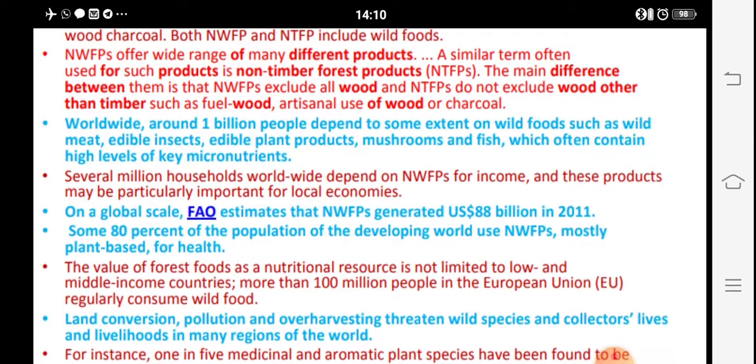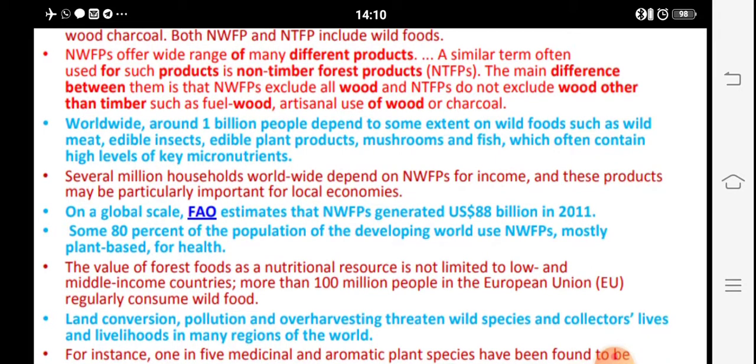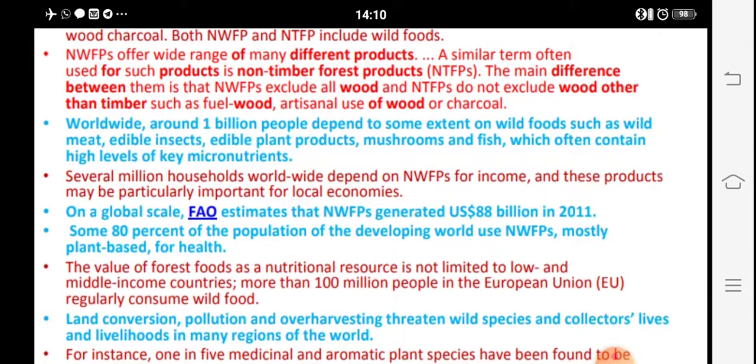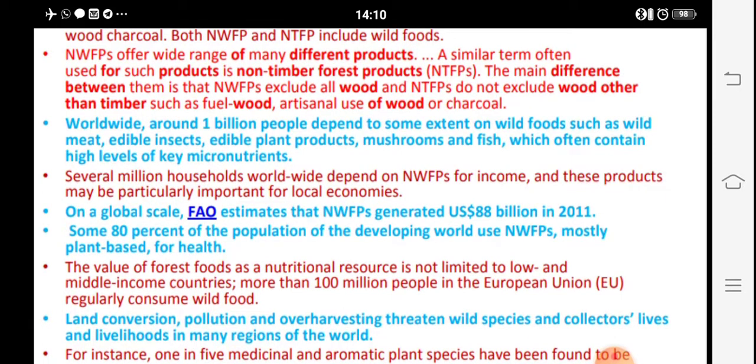Then on the global scale, FAO, the Food and Agriculture Organization, estimates that these generated some billions in economic value in 2011 as per this record.